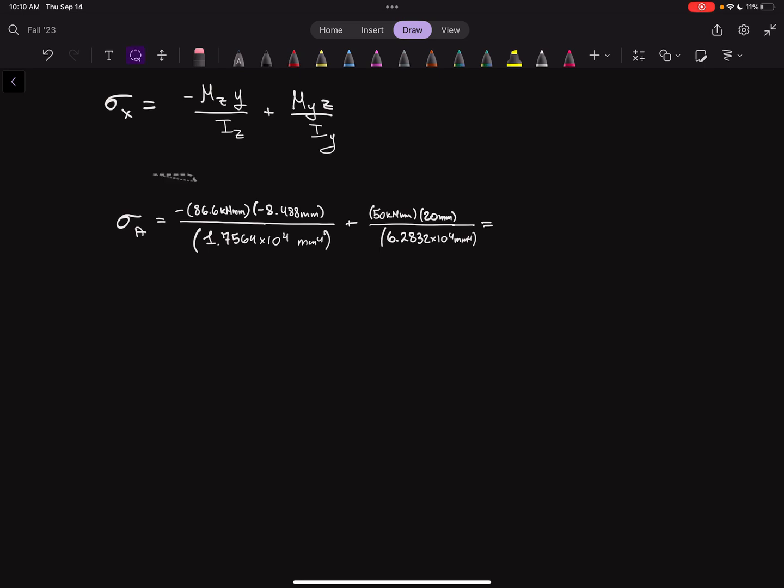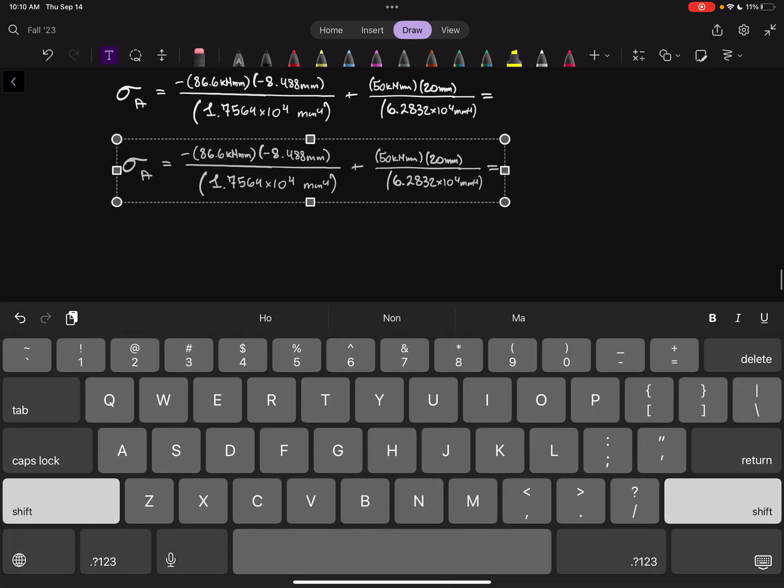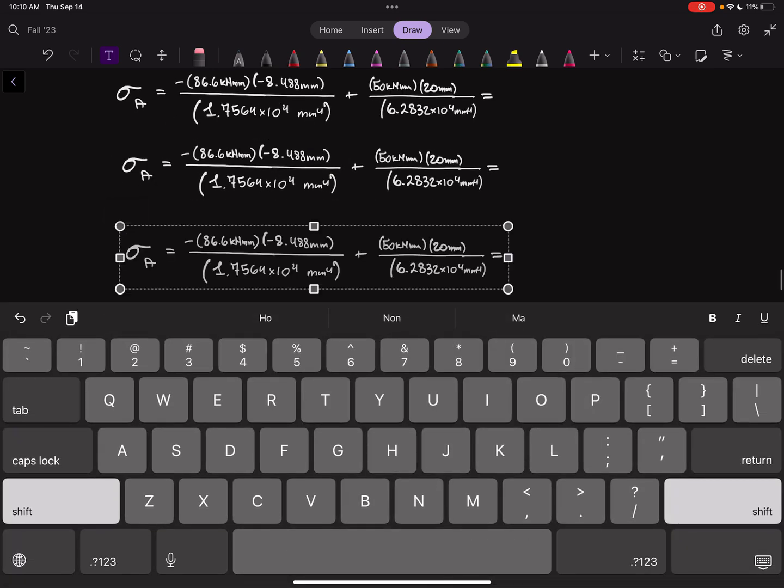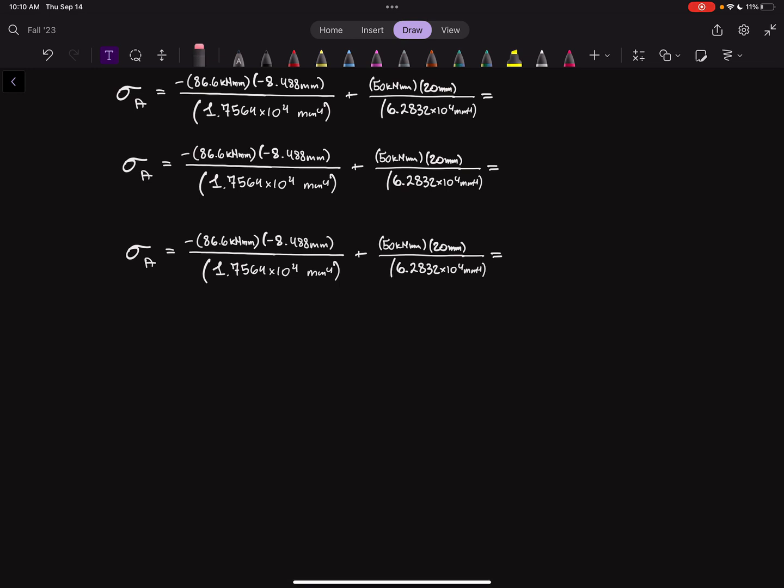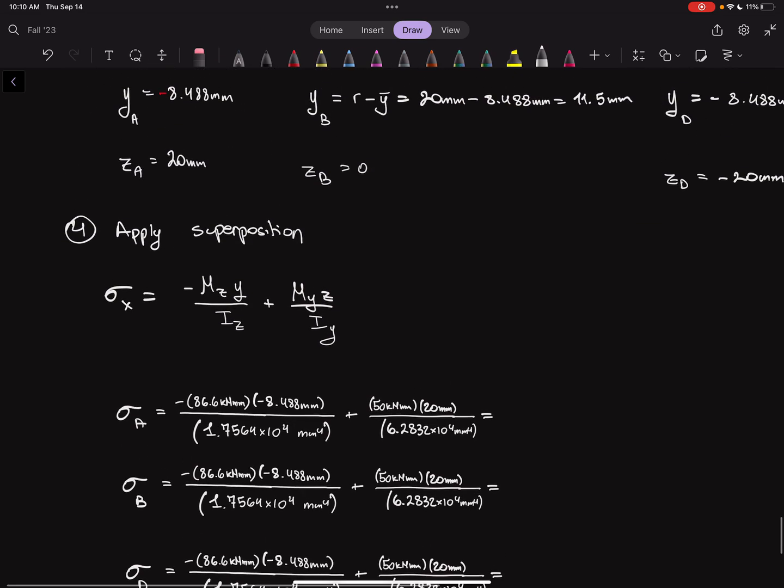So now what I'm going to do is I'm going to take this and copy it. And I'm going to paste here, and paste it one more time here. And this is going to be my B and D. So B, D. Some things are going to change.